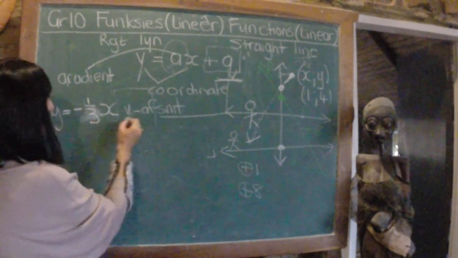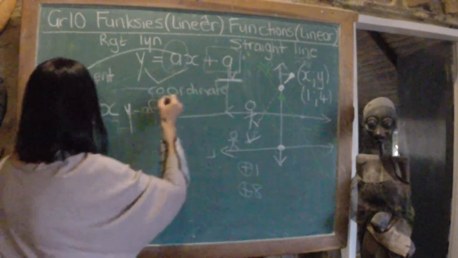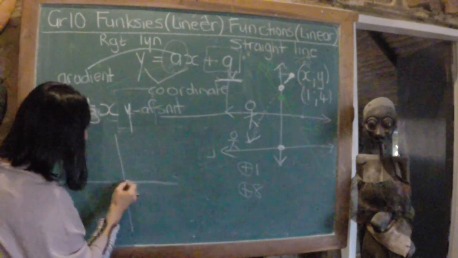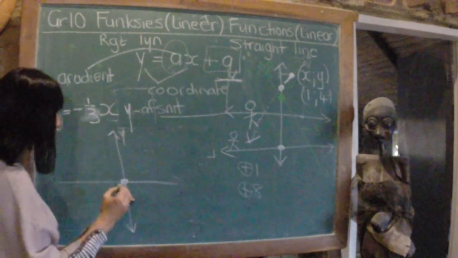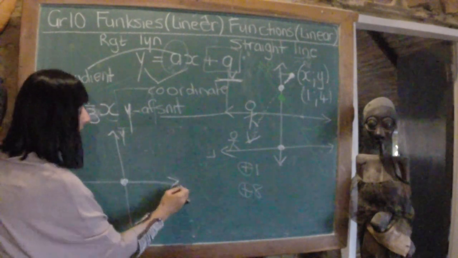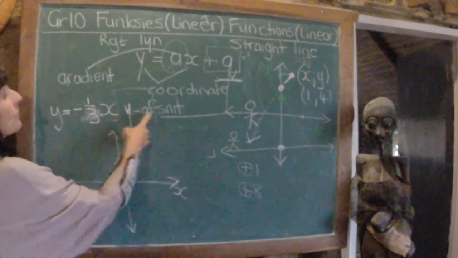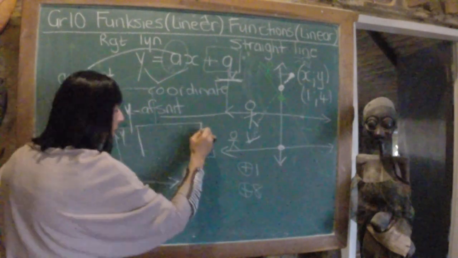Ons gaan eers kyk wat is ons Q-waarde. Ons y-afsnit, ons Q-waarde is 0. So that's where it gets the y-axis. So I've got my first point, easy peasy. My x-as, gaan merk ek daar, en nou omdat hy Q-waarde 0 is, I'm going to draw my table again.